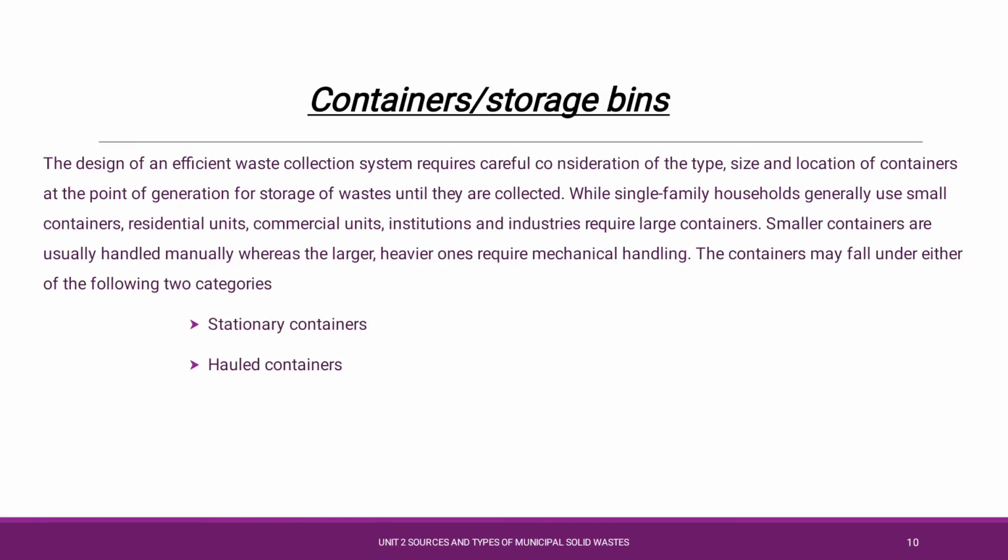Usually there are two types of container used during the collection system: stationary containers and hauled containers. The stationary container is placed in a stationary way, at a specific point, at regular intervals of time. These stationary containers are used for the contents to be transferred to the collection vehicle at the site of storage.